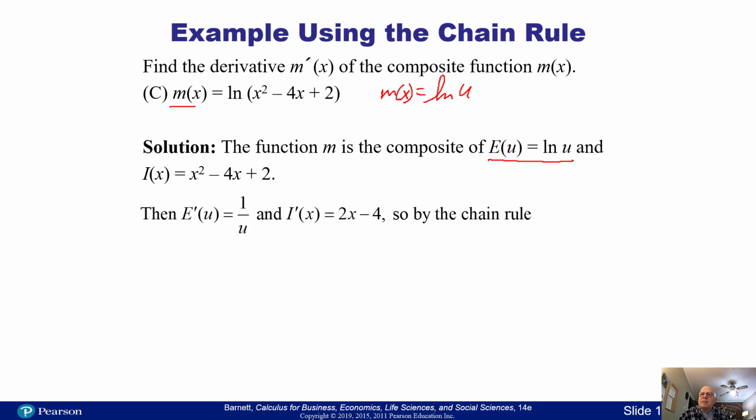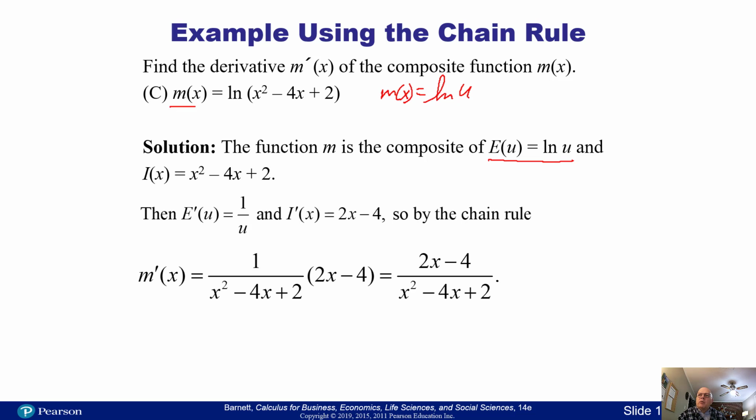So we've got the two derivatives, so by the chain rule, we can write it like this. This is dm du, and this is du dx. Put it together, and there's our derivative for this function.